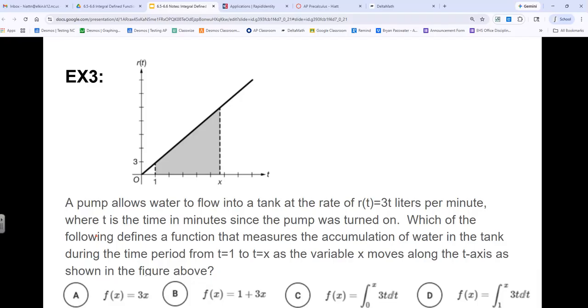There's a few ways I can know. First of all, they do put an R of t up here. Second, this is 3t, which is just a straight line with a slope of 3. So this is the graph of 3t, right? So this is R of t. This is the rate. So this would be in minutes right here, and this would be in liters per minute.